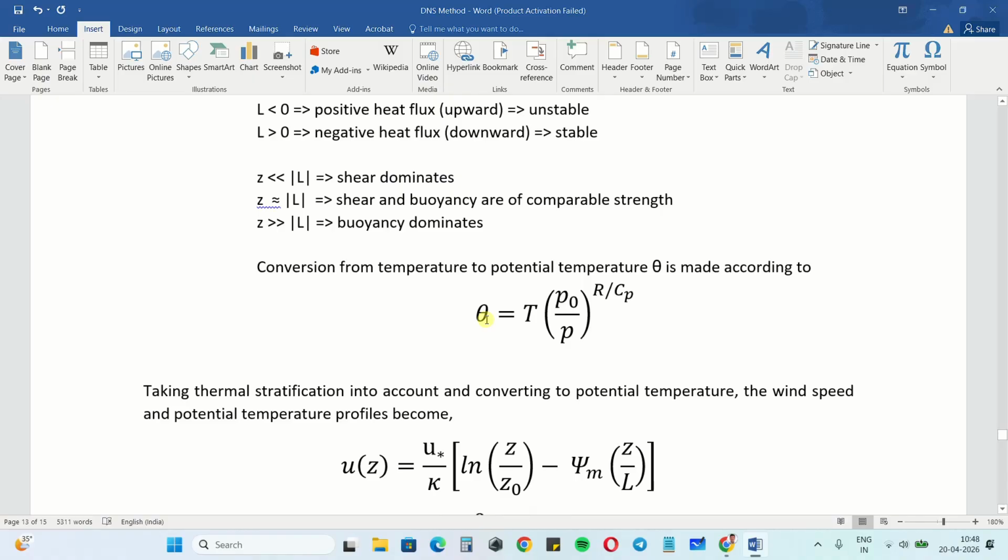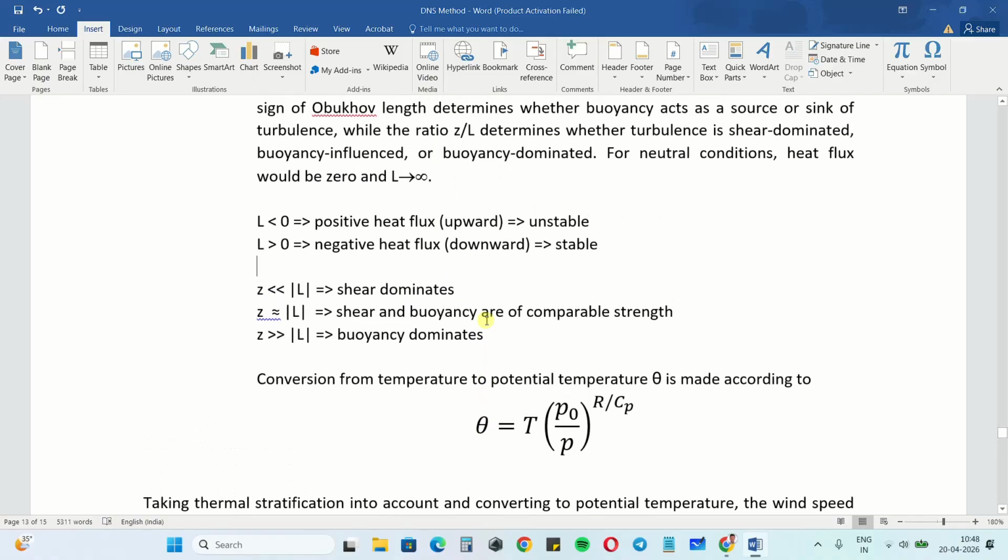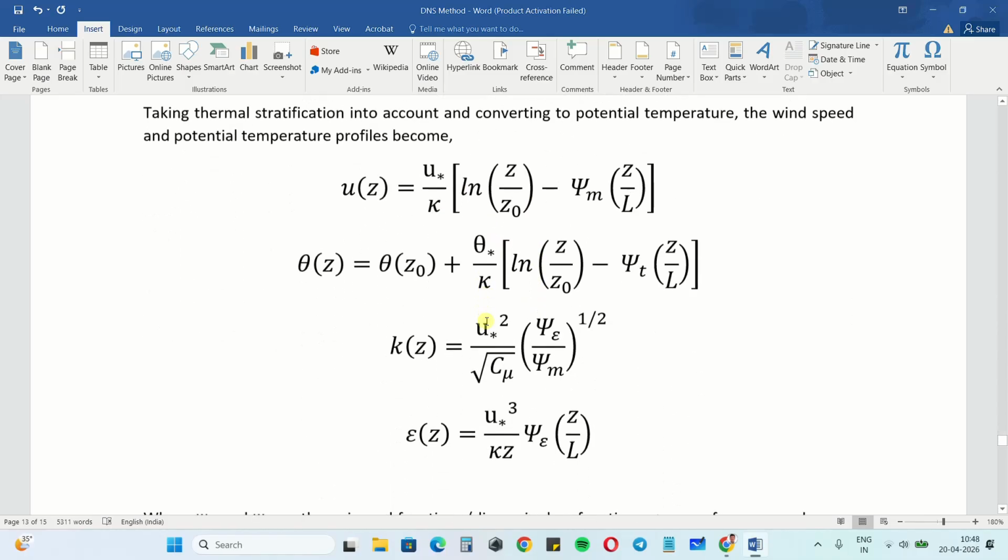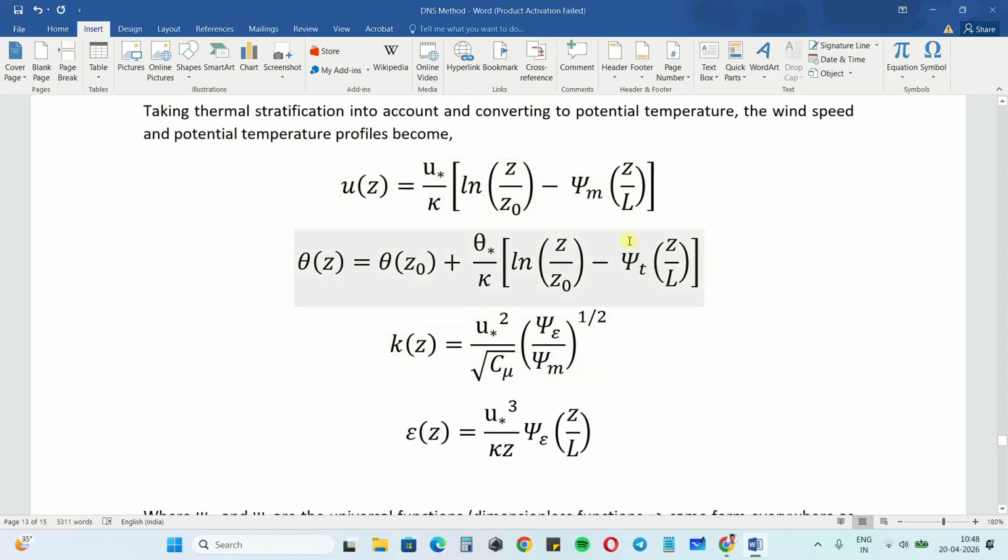And like I said, the logarithmic profiles for the neutral condition get modified, and in literature you can find the modified wall functions. So earlier it used to be u star over kappa ln z over z0. But now we have a new term, a second term, which is a function of z over L, the stability parameter that we saw.